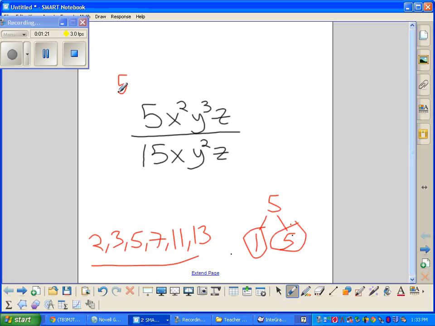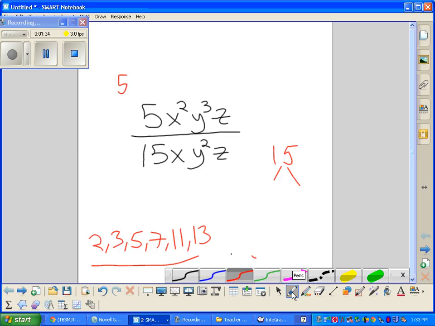All right, now I'm going to do the same thing with the 15. Let me erase this. This is gone. Is 15 on our list? No, it's not. You guys know what goes into 15? 3. So that's not a prime number.